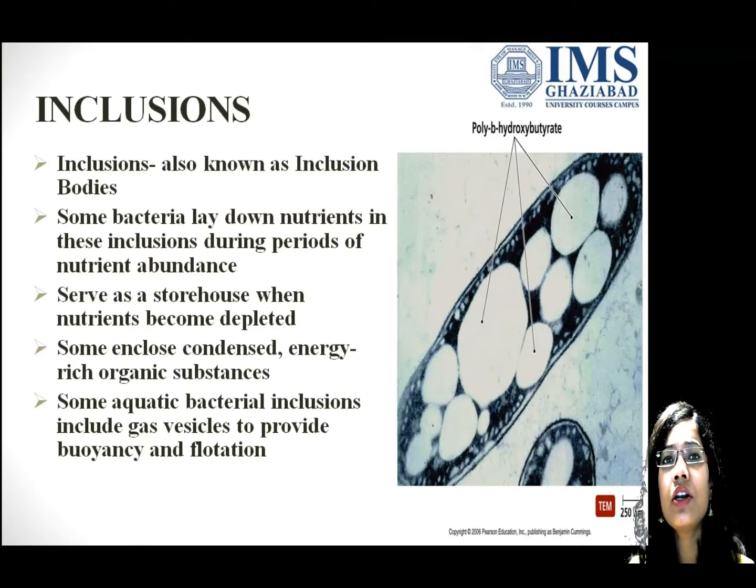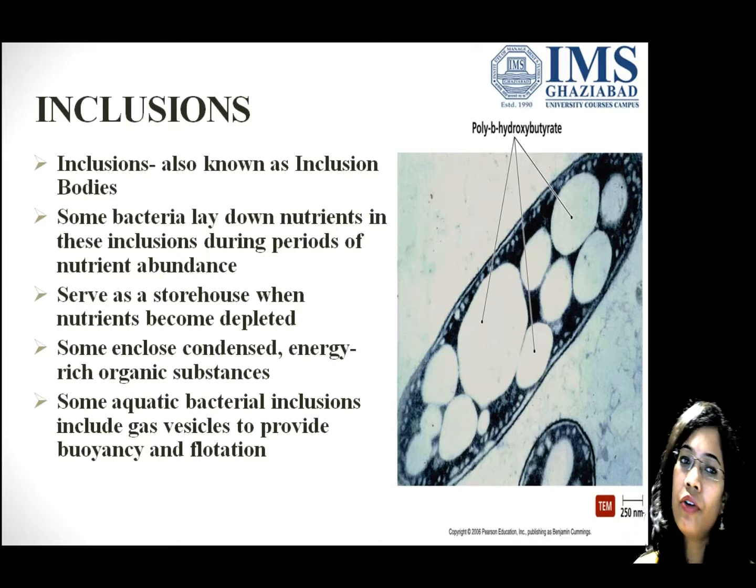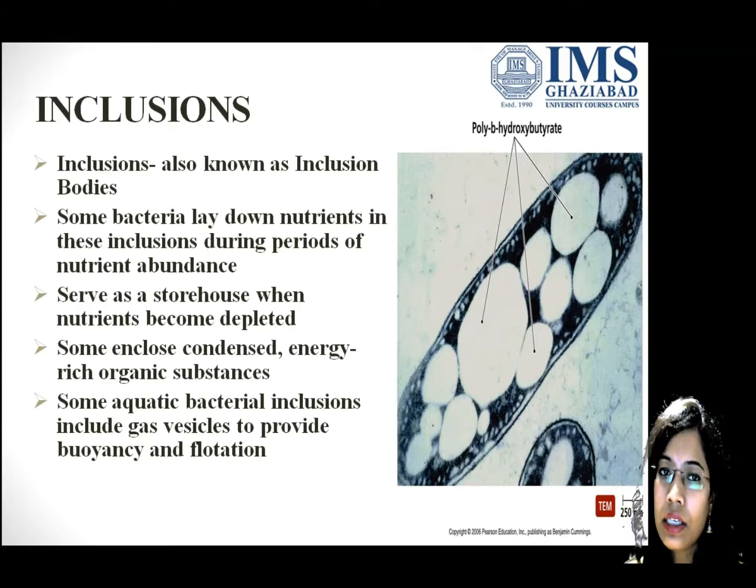Next one comes inclusions, also known as inclusion bodies. Some bacteria lay down nutrients in these inclusions during periods of nutrient abundance. So some bacteria back up their food, and if there is a lack of food or nutrients, they can use food from their inclusions.